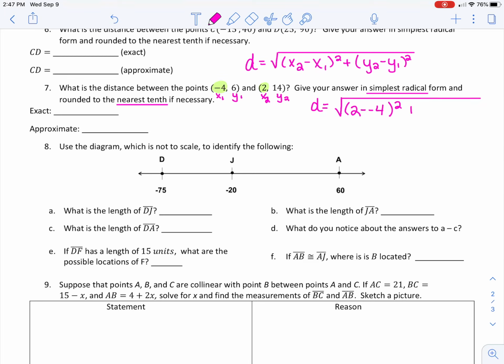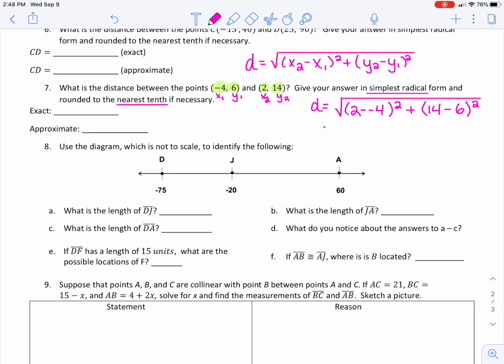We have a plus sign in between, and then we have y2, which we know is 14, minus our y1, which we have as 6, and that whole quantity needs to be squared.